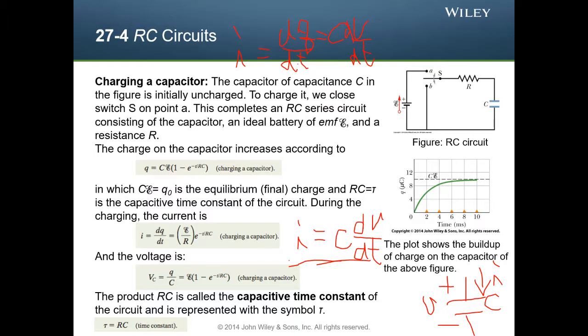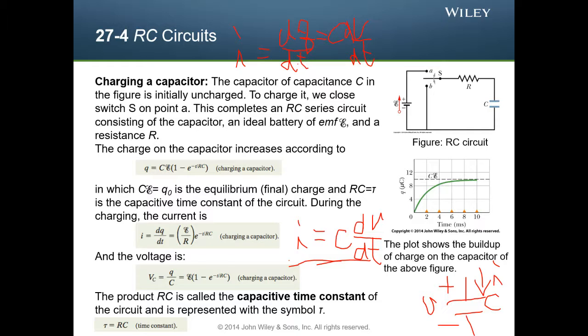You substitute this constant into the original equation. So dV/dt for a constant will be 0, so you have V over RC equals Vs over RC. So V equals Vs.